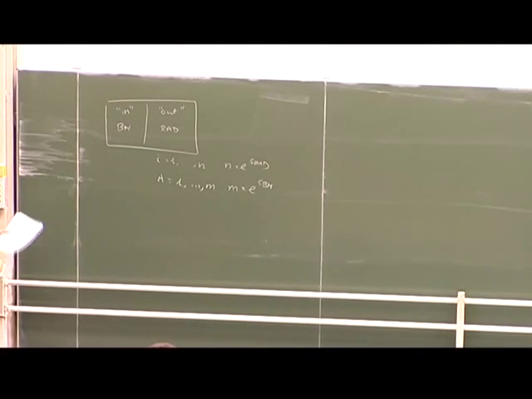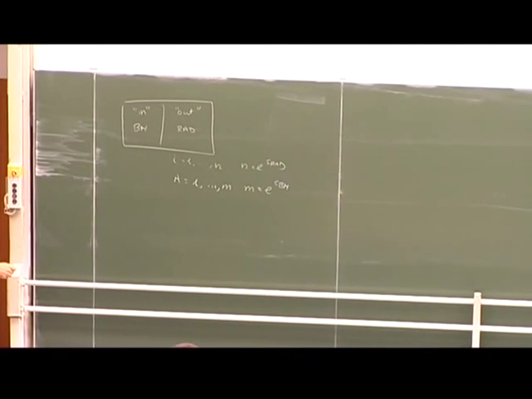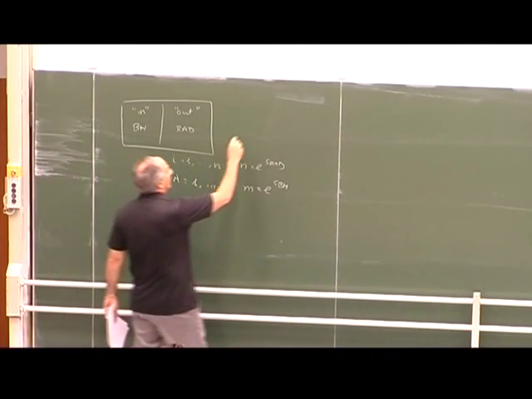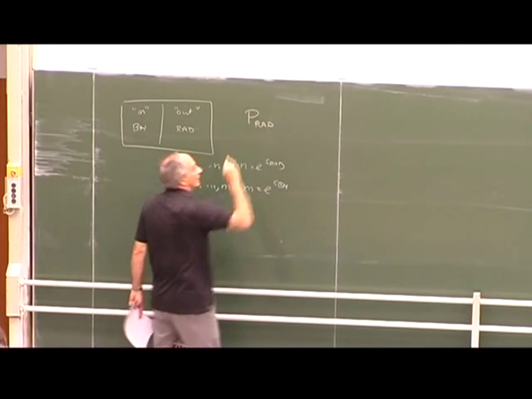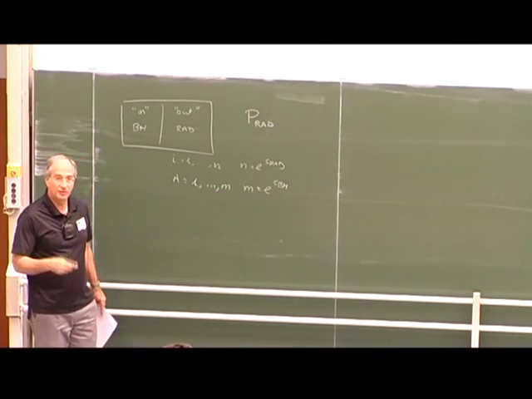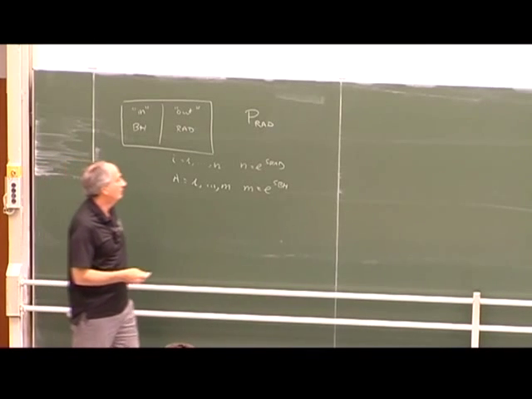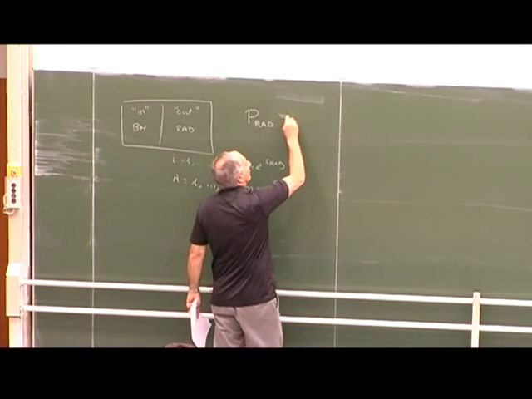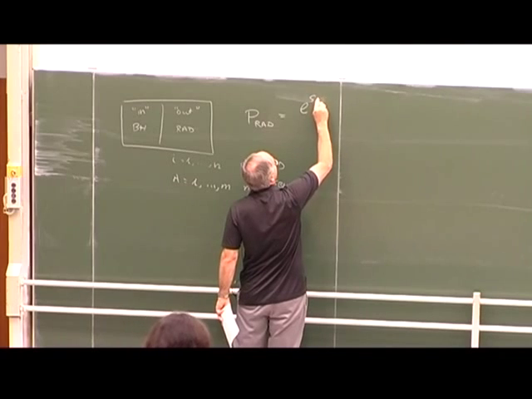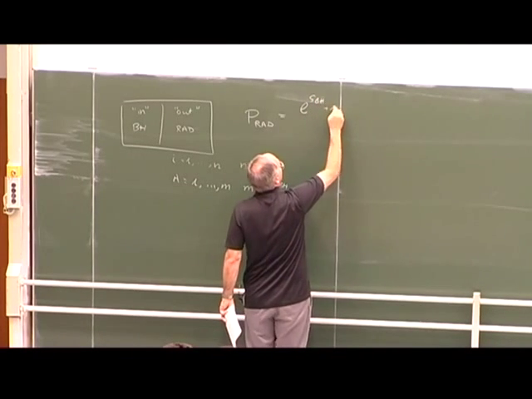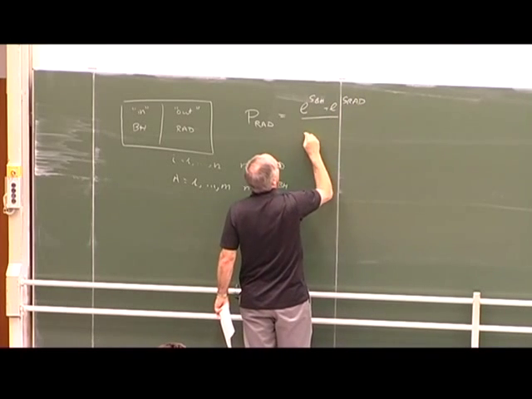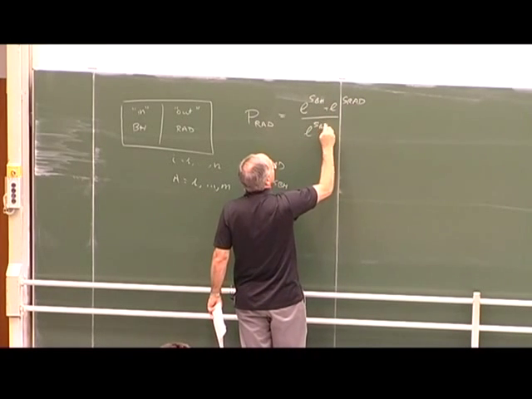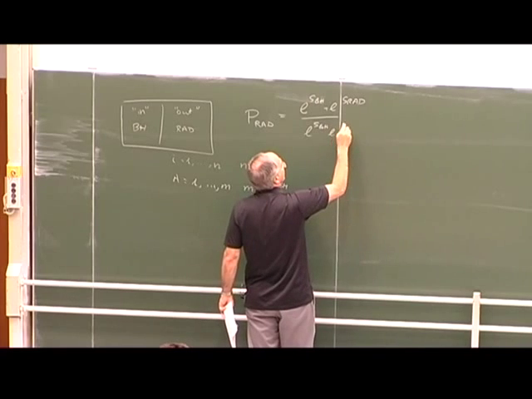And then we did a little calculation, and we found that we were interested in the radiation density matrix, the reduced density matrix for the radiation, and we found that the answer was very simple.